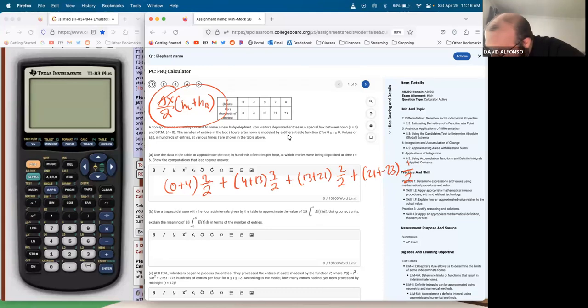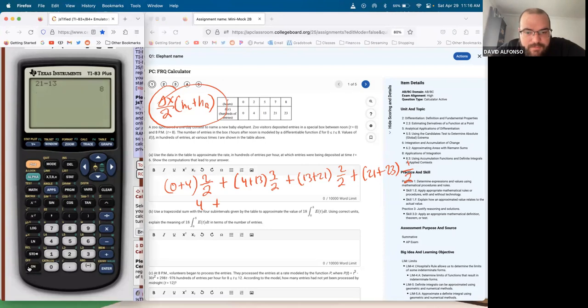Okay, so this would be 4 plus, oh gosh, what would that be? That would be 34 plus 44 divided by 2, which is 22.